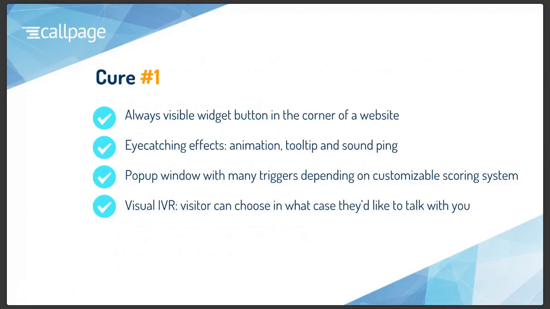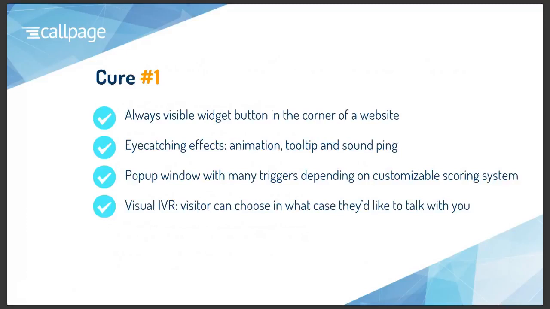If you want to make it more visible, we have eye-catching effects. You can add an animation. Of course, we have a sound effect that helps your customer to see the button, and we have a tooltip that tells your customer how to use it.